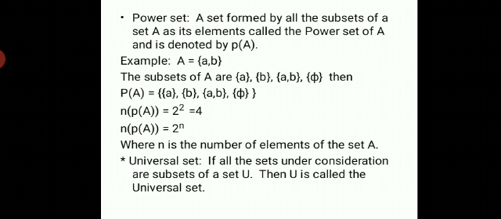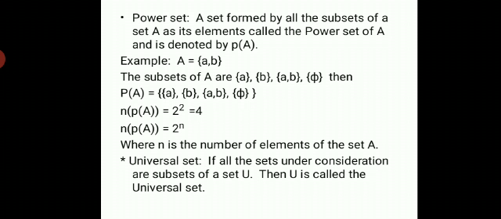Next concept, that is power set. A set formed by all the subsets of a set A as its elements is called the power set of A, and it is denoted by P(A). That means we write the subsets of set A separately as its elements.